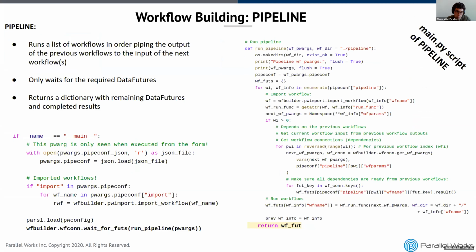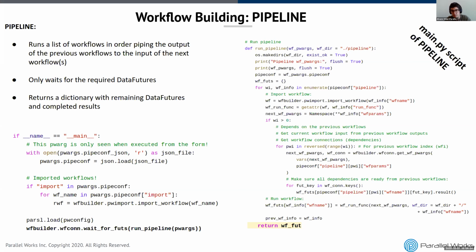So the pipeline workflow runs a list of workflows in order, piping the output of the previous workflows to the input of the next workflow, and it only waits for the required data features and returns a dictionary with the remaining data features.